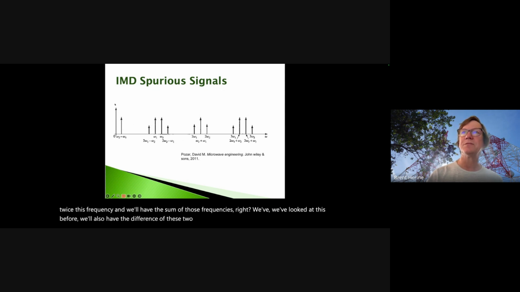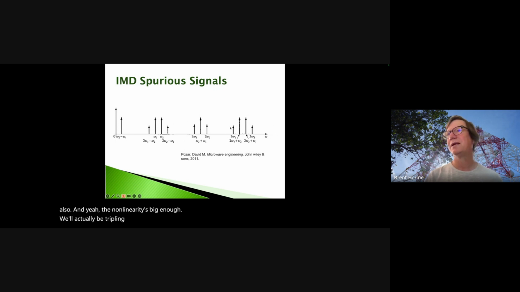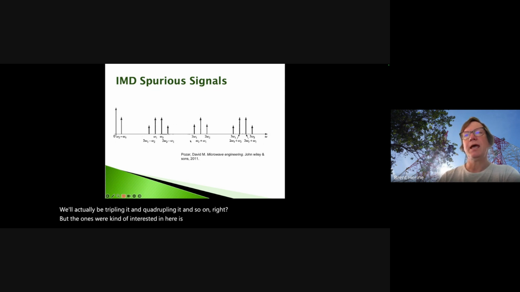Technically, we'll have some signals at DC also. And if the nonlinearity is big enough, we'll actually be tripling it and quadrupling it and so on, right? But the ones we're interested in here, let's say that this is first order, this is second order, right?